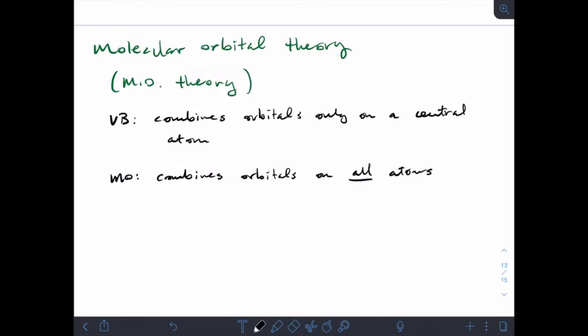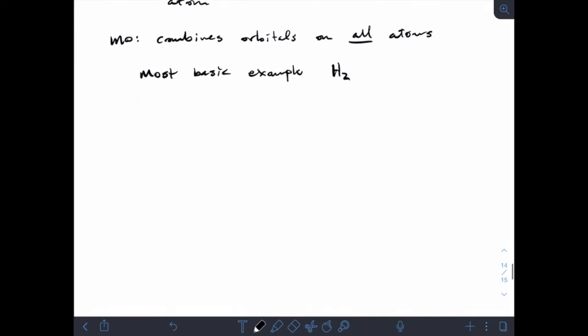All right, but let's talk about our most basic example, our simplest example, which is dihydrogen. The idea with molecular orbital theory is that I'm going to look at the orbitals that each of the hydrogen atoms has.